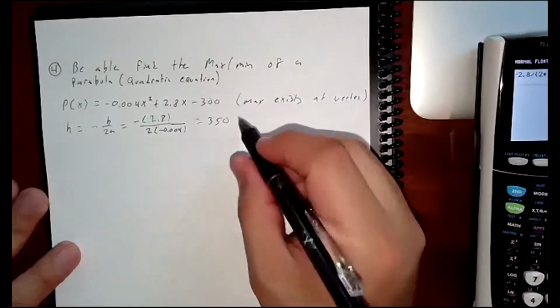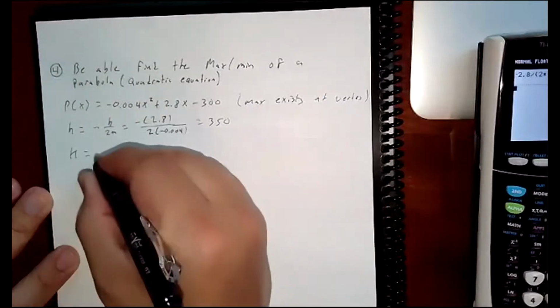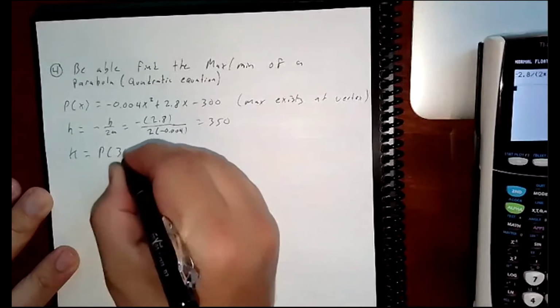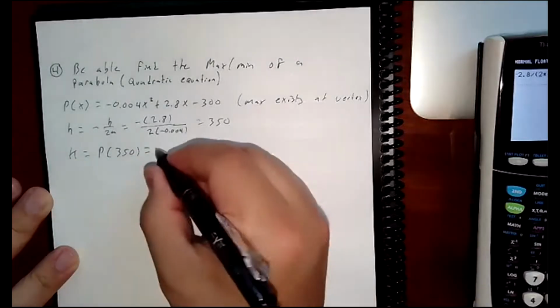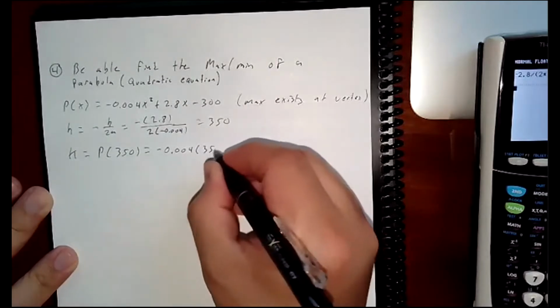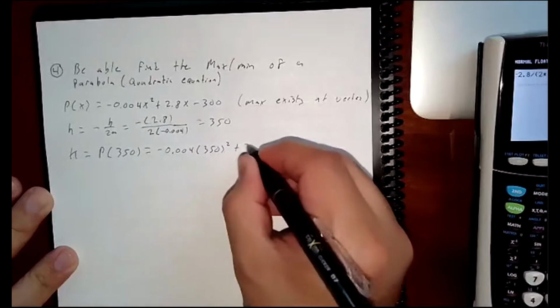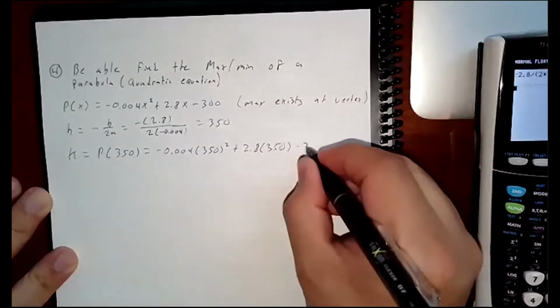Okay, so once you find the x value, plug it in. So k is equal to the function at that value. That'll be negative 0.004 times 350 squared plus 2.8 times 350 minus 300.